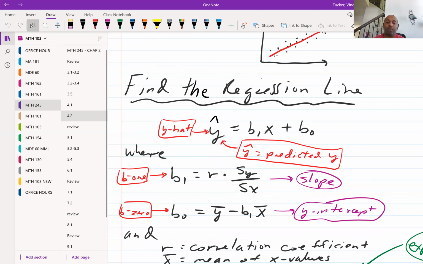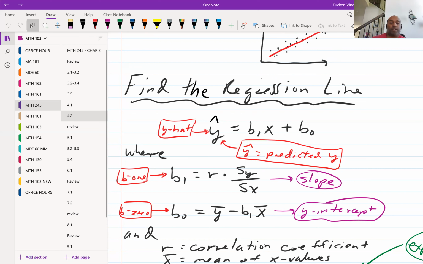Then that's equal to b1x plus b0 or b naught. So now that's going to be your predicted y. Whenever you see y hat, that's your predicted y. Remember I told you that y, your response variable, is what we're going to predict. So the regression line is going to be used to be able to predict future values based on observed values.